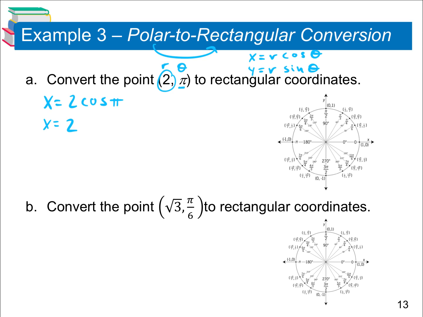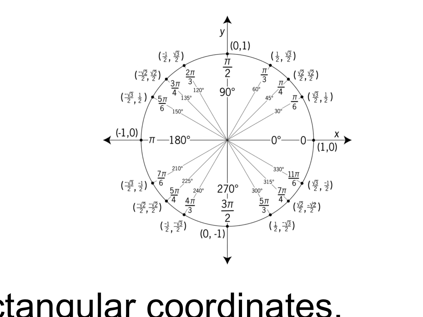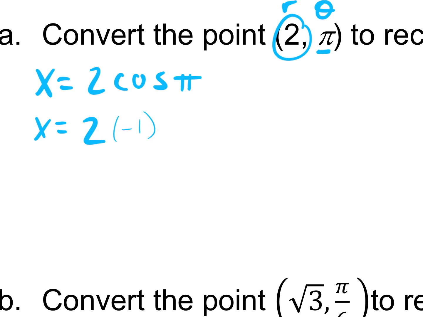How do I know what cosine of pi is? Let's go to our unit circle. We find pi. Cosine tells us we have to look at what, x or y? X. So cosine of pi would be -1. So x is equal to -2.